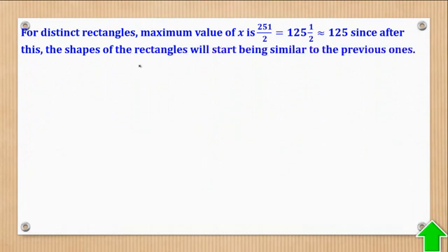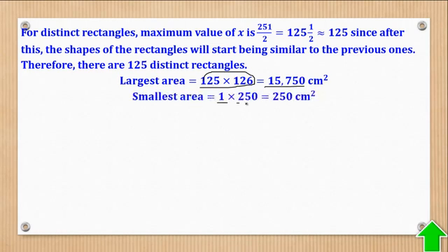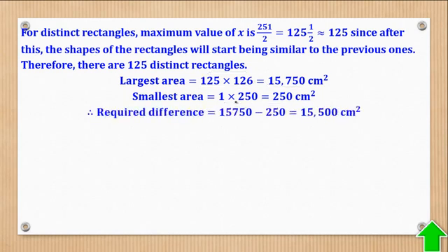Now they told us to get the difference between the largest and the smallest. Largest area is got from the largest dimensions, which is that. And the smallest area is got from the smallest dimension, 1 times that, which is that. Then the difference between the two, you subtract, and that would be the answer they wanted.